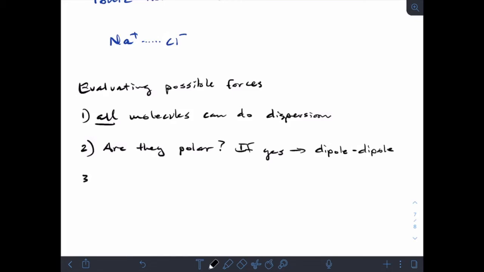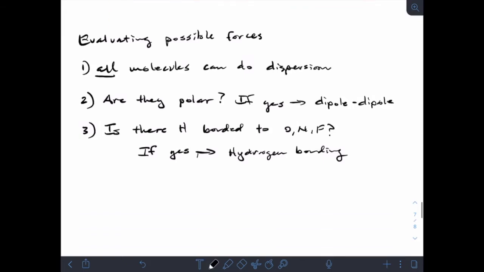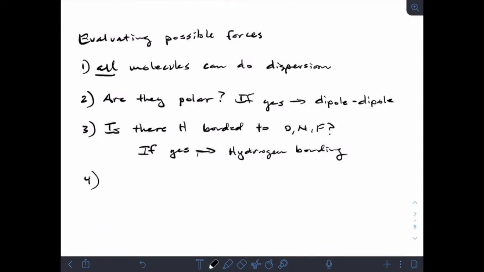Okay? Next question to ask yourself, is there hydrogen bonded to oxygen, nitrogen, or fluorine? If yes, we get hydrogen bonding. Right? Next question to ask, and this is sort of a checklist for determining what types of intermolecular forces there are.